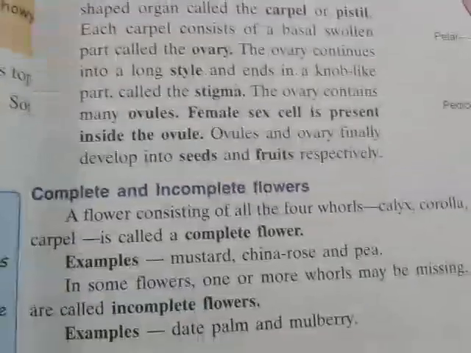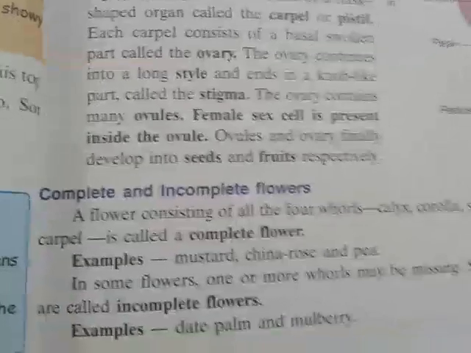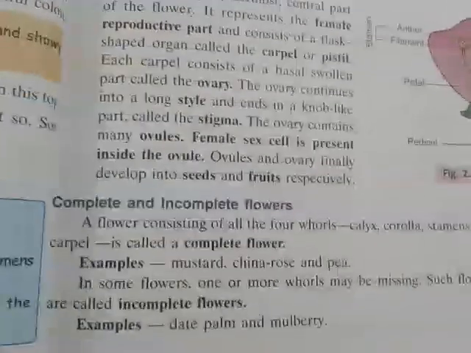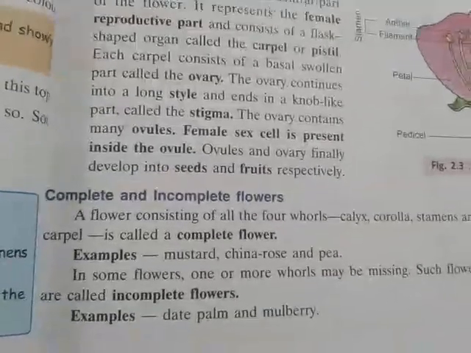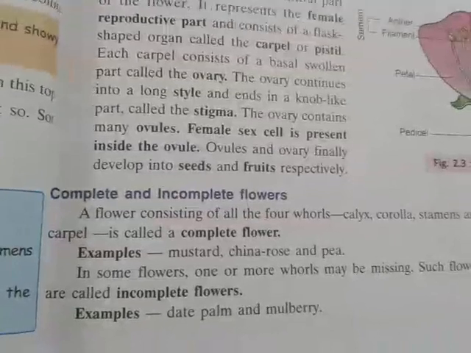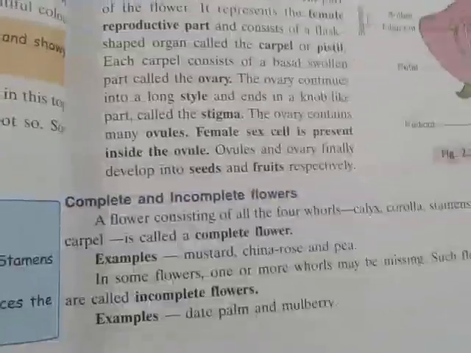Examples are date palm and mulberry. So a complete flower contains all four parts, and when some of these four parts are missing, the flower is called an incomplete flower.